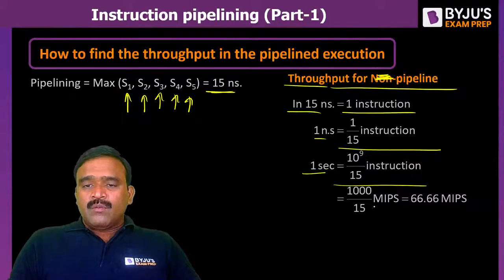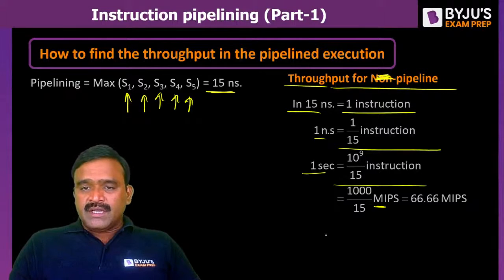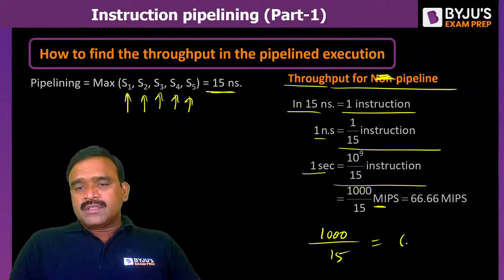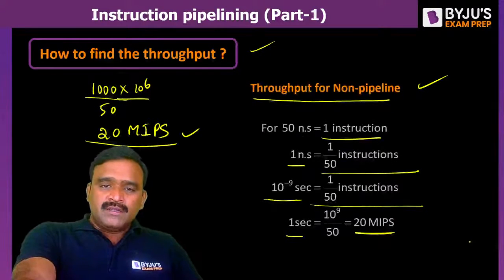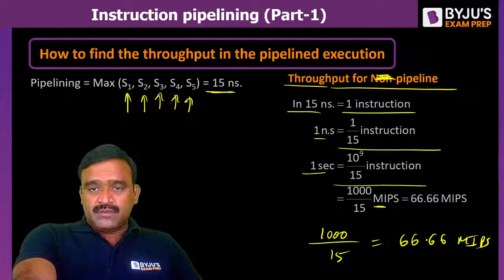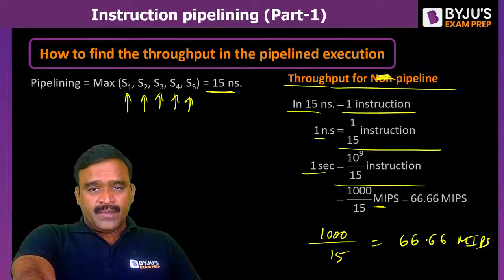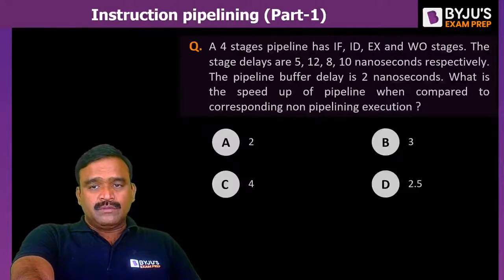So 1 mega is 10 power 6, right? So 1000 divided by 15 is nothing but 66.66 mega instructions per second. So where is 20 and where is 66? It is far better, no? Because of the pipeline execution. So that's how we find out the throughput.